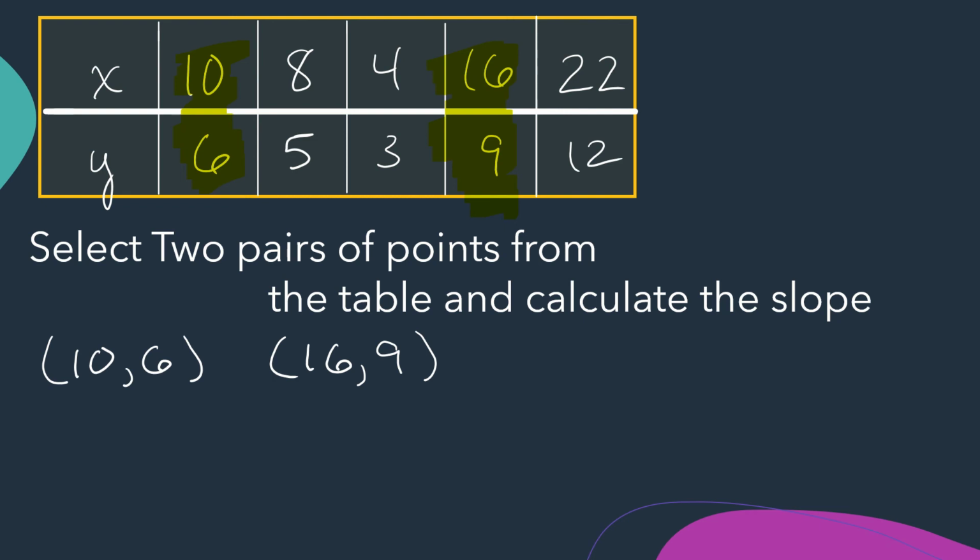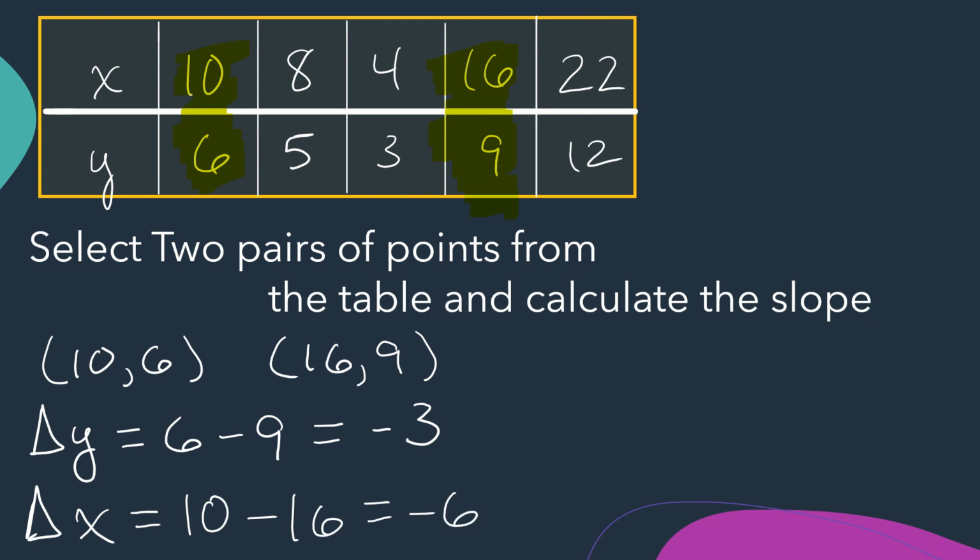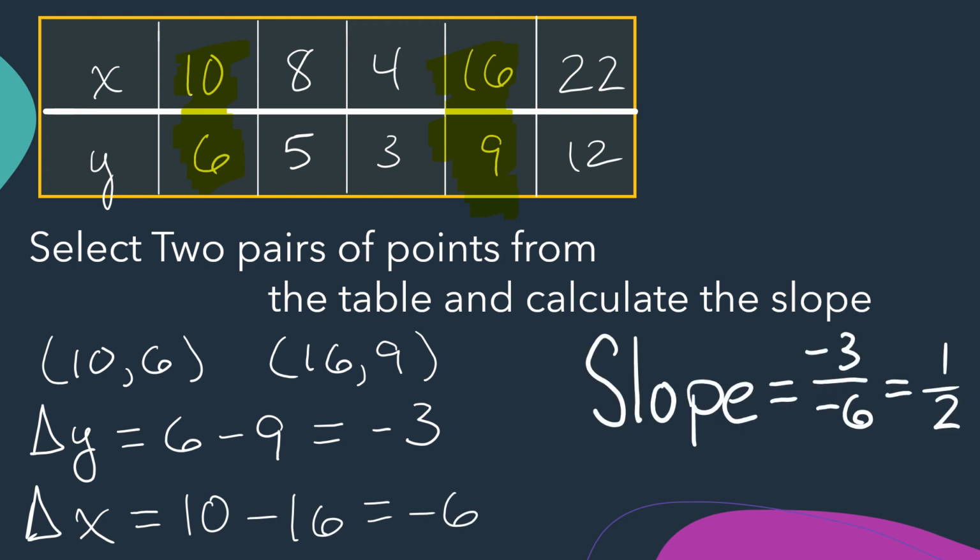My change in y is going to be 6 minus 9, which is negative 3. My change in x is going to be 10 minus 16, which is negative 6. So my slope ratio ends up being negative 3 over negative 6, which is 1/2.